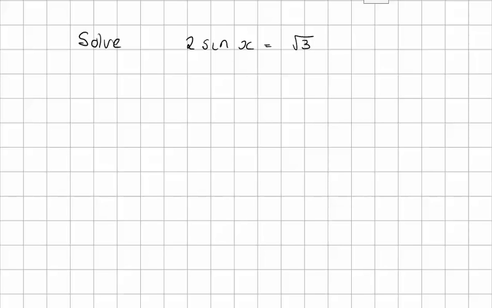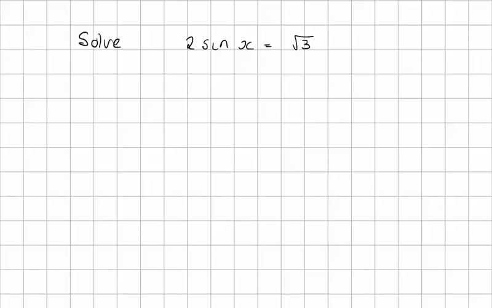Okay, next phase then. So we've got to use these pieces of information. We could do it 2 ways. Let's say we had to solve something like 2 sine x equals root 3. How do we go about solving something like that? So we have to find the angle.